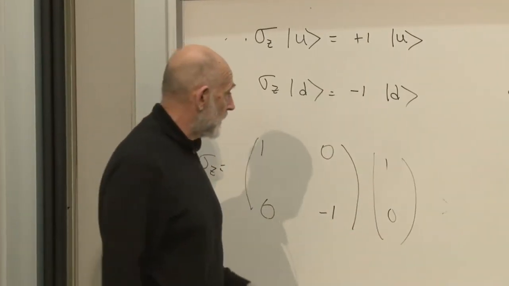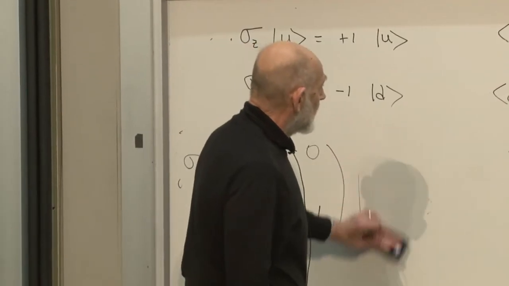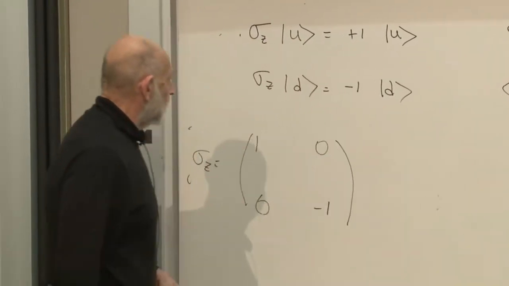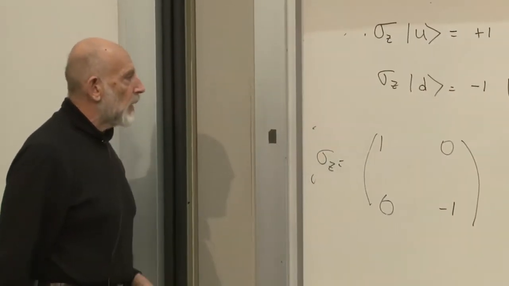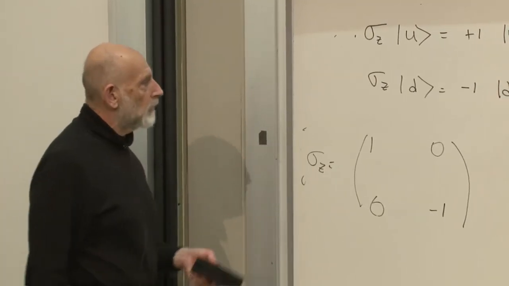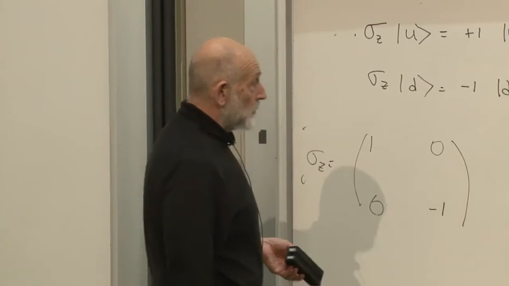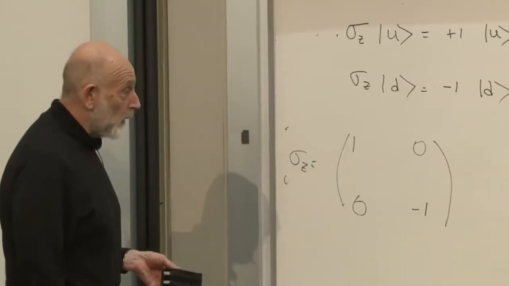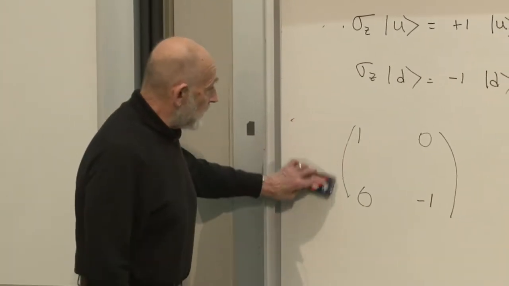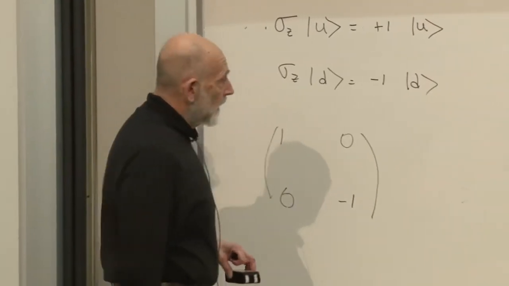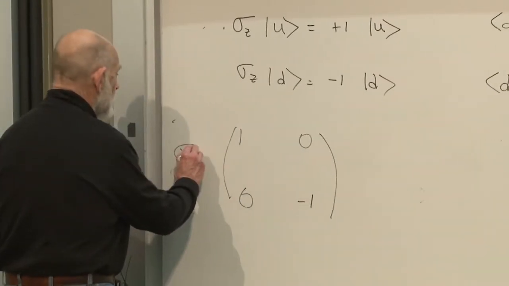That's good. It's guaranteed that the eigenvectors are what they're supposed to be, namely just up and down, and that the eigenvalues are +1 and -1 in the right way. All right, so we found one of the sigma matrices, sigma z.